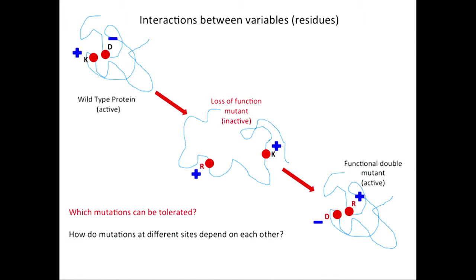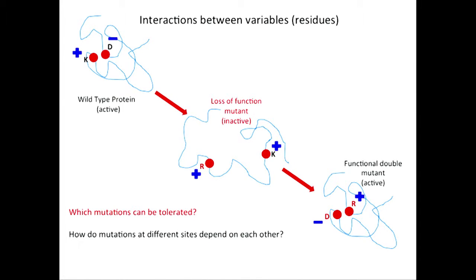So here, this blue object's a protein. These are two particular amino acids that happen to be oppositely charged. And if you have a mutation that changes one of the charges, then you can imagine that might stop the protein from folding up correctly. But if you have a second mutation that flips the other charge and restores that charge pairing, then you can imagine having a functional double mutant.